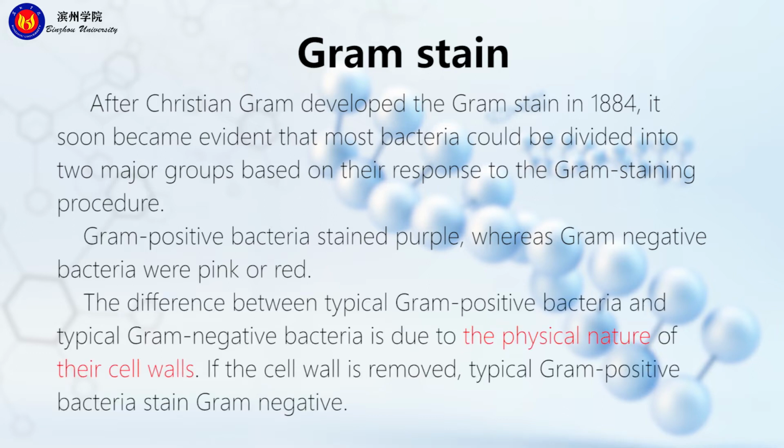The difference between typical Gram-positive bacteria and typical Gram-negative bacteria is due to the physical nature of their cell wall. If the cell wall is removed, typical Gram-positive bacteria stain Gram-negative.